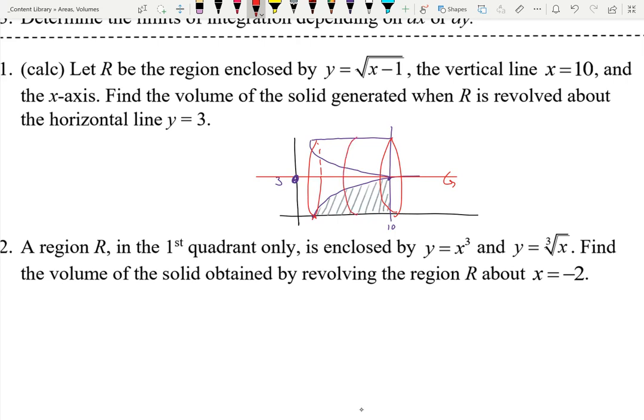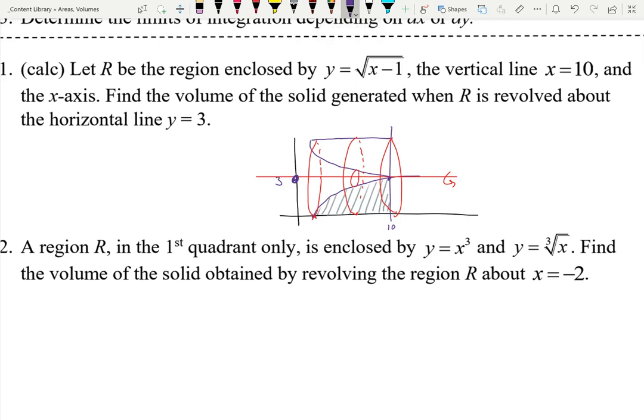If you notice, we are going to be dealing with washer cross sections. And I know that I have washer cross sections because my region is separated from my axis of rotation. That always tells me that I'm going to have washers.